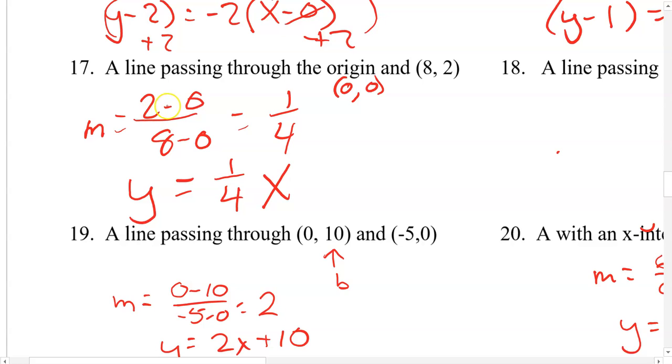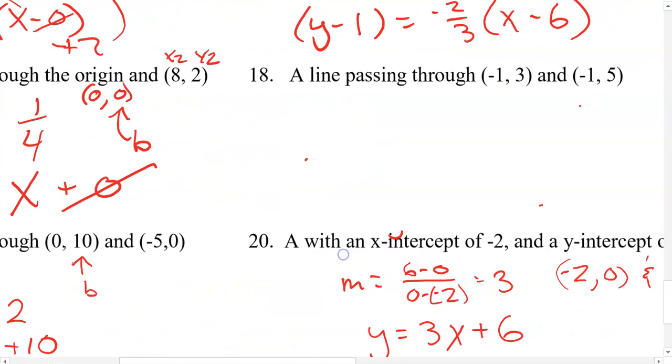So again, y2 minus y1 over x2 minus x1 gives us 2 minus 0 on top, divided by 8 minus 0 on the bottom. 2/8 can be reduced to 1/4. It passes through the origin. So here I'm given my y-intercept, b. So really this is 1/4 x plus 0, but no reason to write plus 0 because it literally means nothing is being added.